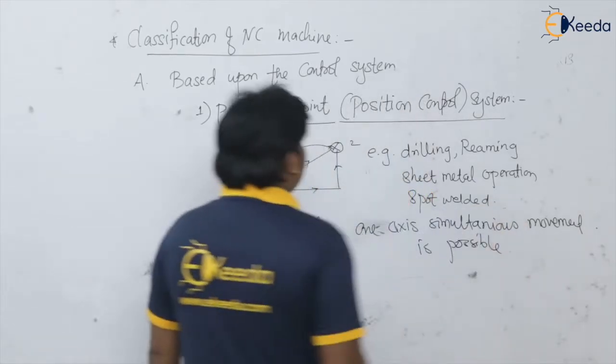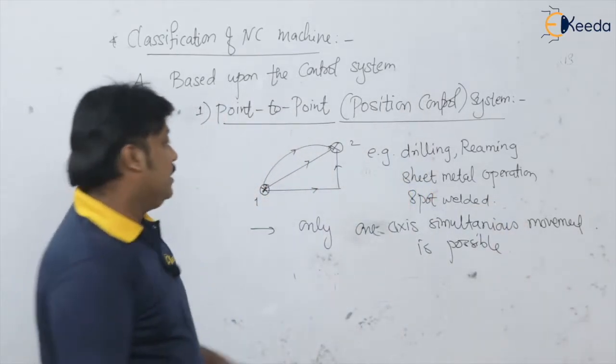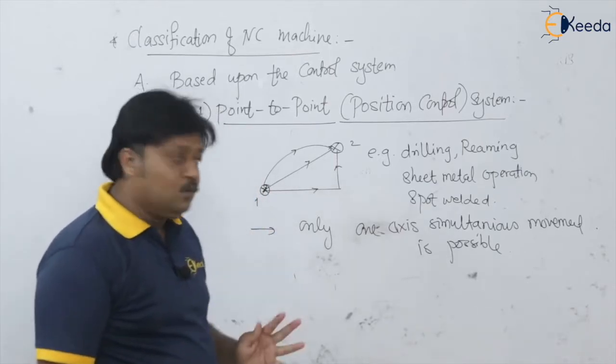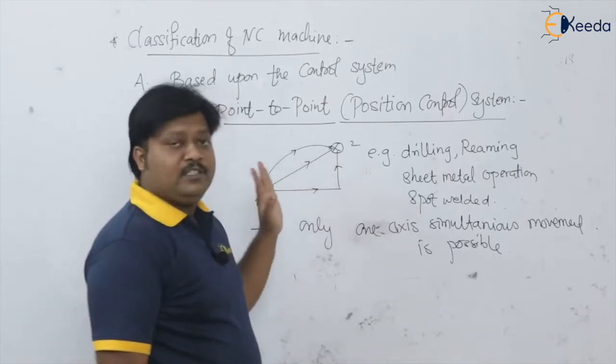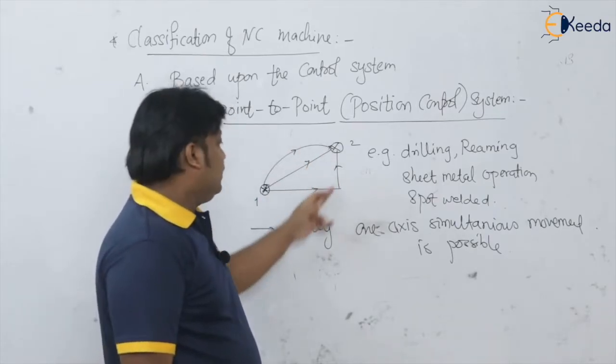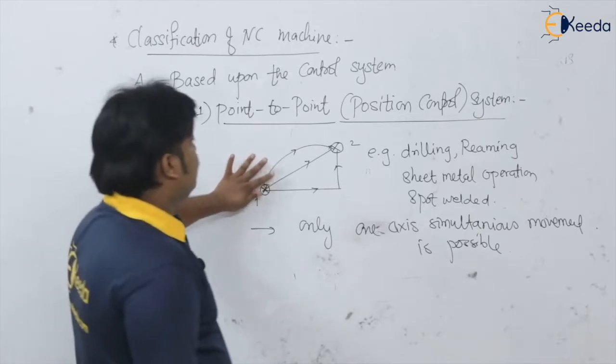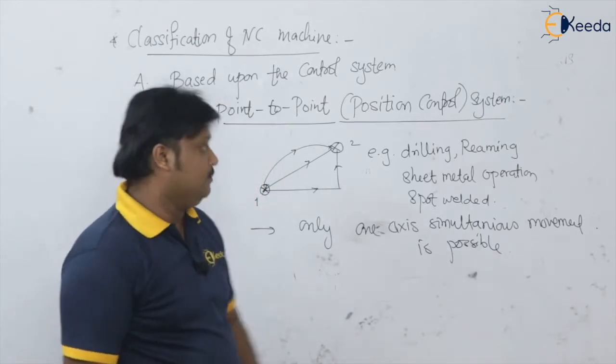So this is the point to point control system. Please remember, in point to point, in the movement of the tool, only the starting and ending points are important. Whatever path is followed by the tool is not important. So this is known as point to point control system.